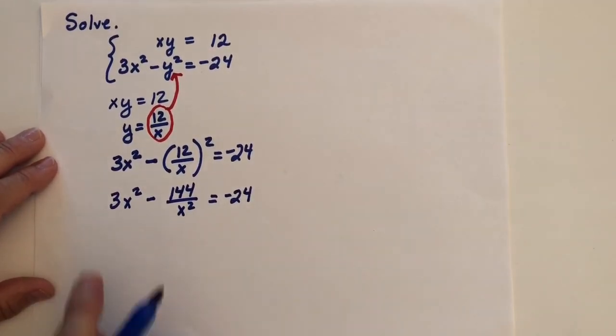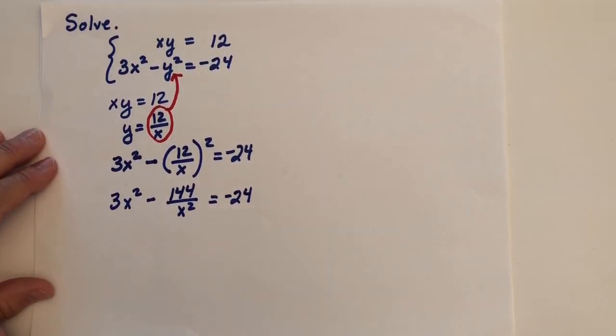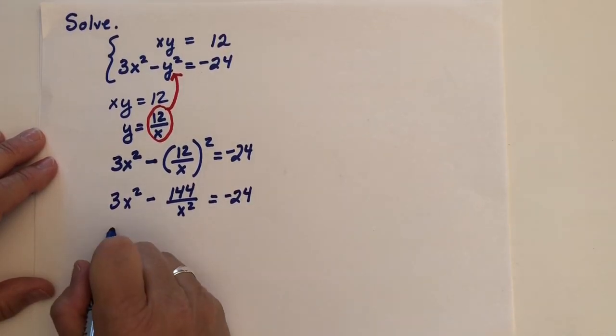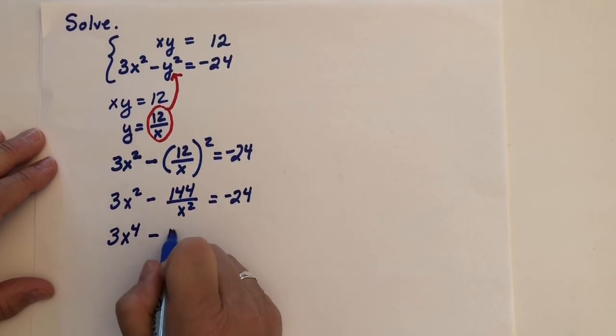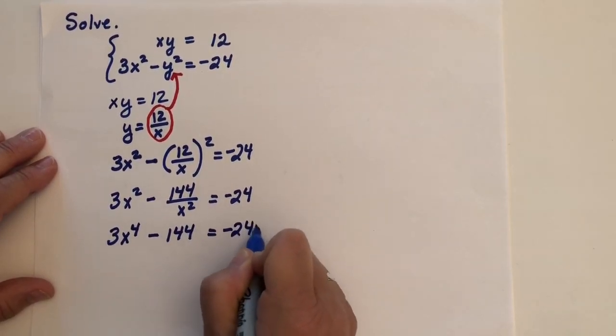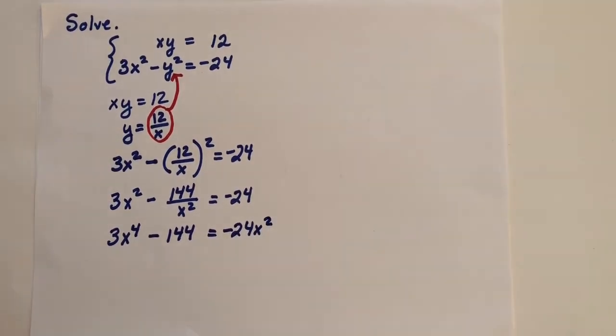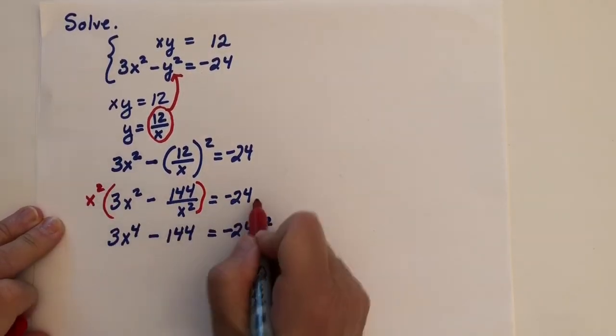Now this is an entertaining equation to solve. Let's multiply both sides by x squared to eliminate that denominator. So I'll have 3x to the 4th minus 144 equals negative 24x squared. So let me write this in case you didn't see what was happening here. I was multiplying both sides of the equation by x squared.